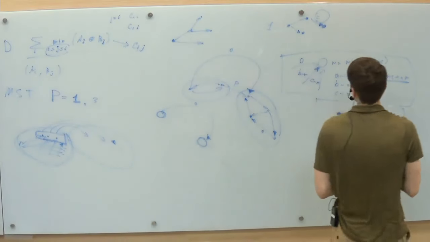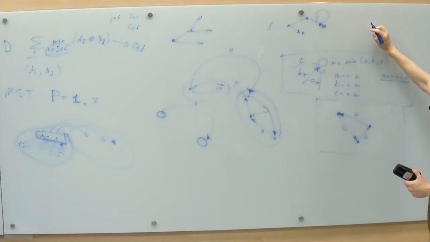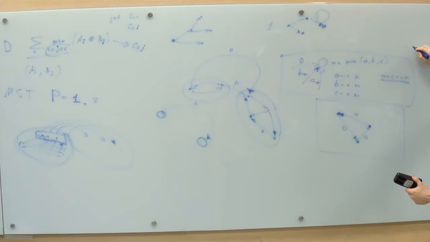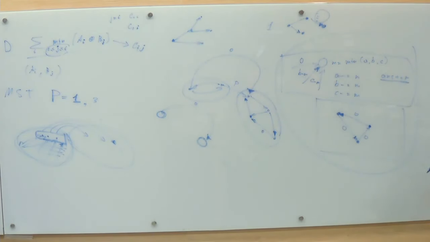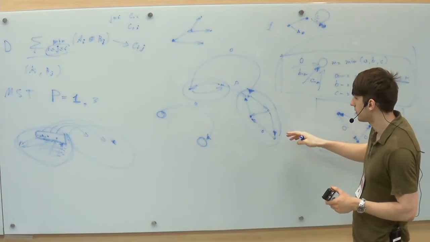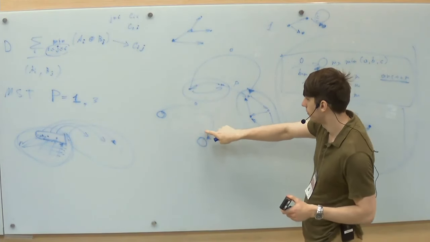What about the asymptotics of this algorithm? We know that after we make this iteration, at least 1 component of size more than 1 will be compressed. So we will at least decrease the number of vertices of our graph by 1.